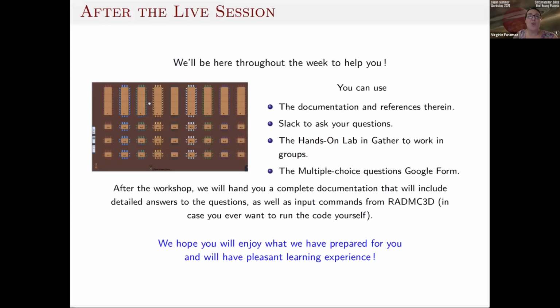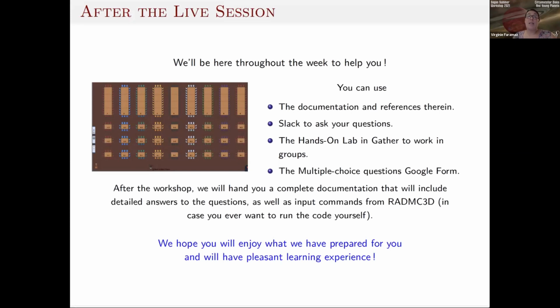For those of you who haven't been on Gather yet, as soon as your little character goes to one of the tables, that table is a private space, and if anyone joins you, a little Zoom suddenly opens and you can chat live. That makes up for the fact that we're not meeting in person and gives you a more lively experience. You can go there anytime. I will try to be around in this room if anyone needs help, and I think some of the helpers will too. You can also use Slack.